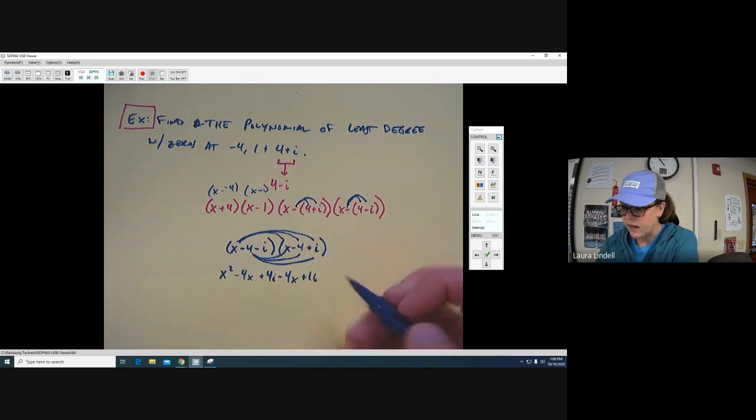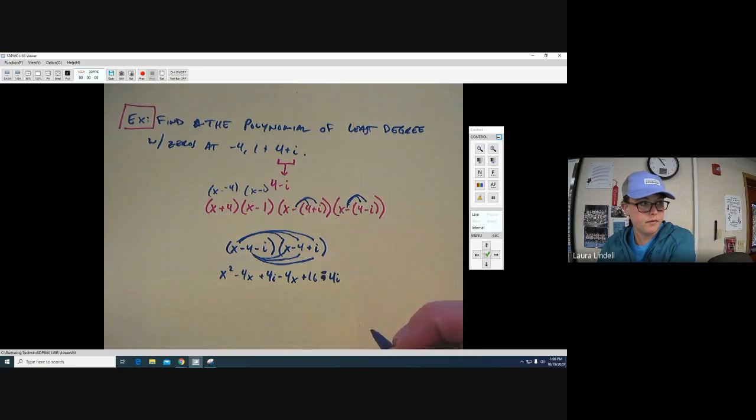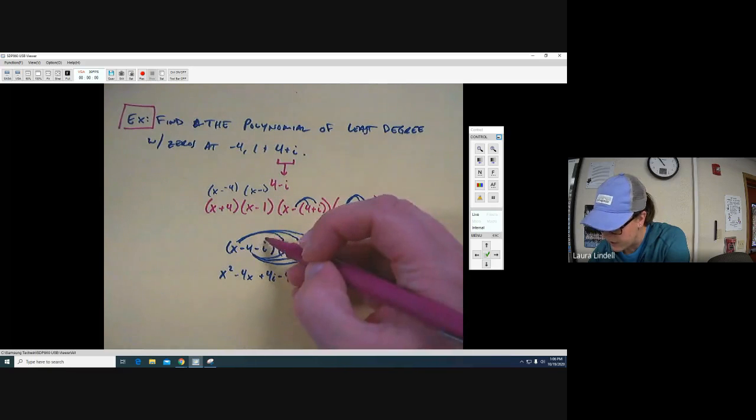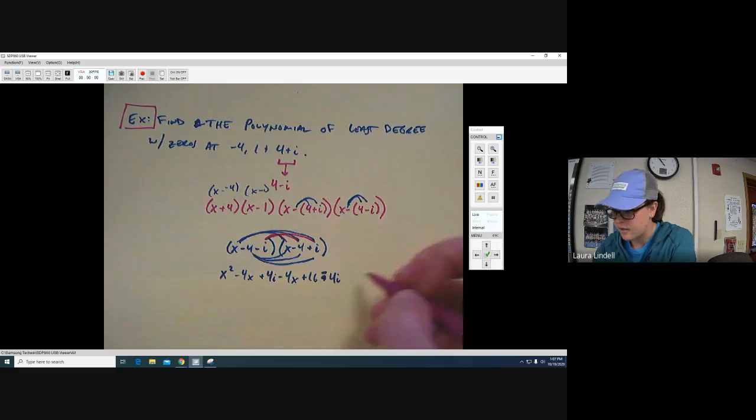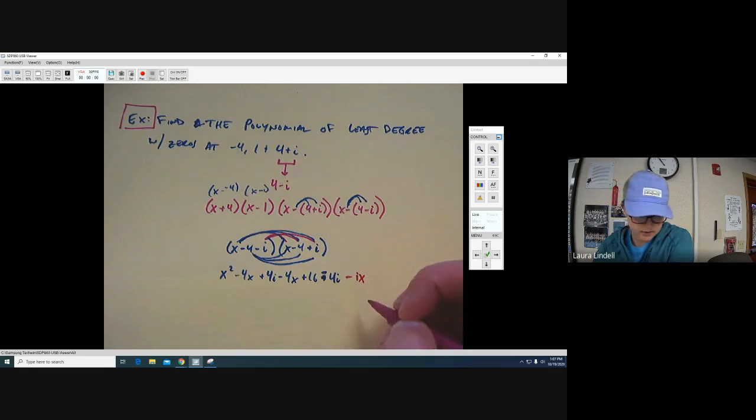Negative 4 times i is minus 4i. Then lastly, we distribute the negative i, excuse me. So negative i times x is minus ix, or xi.